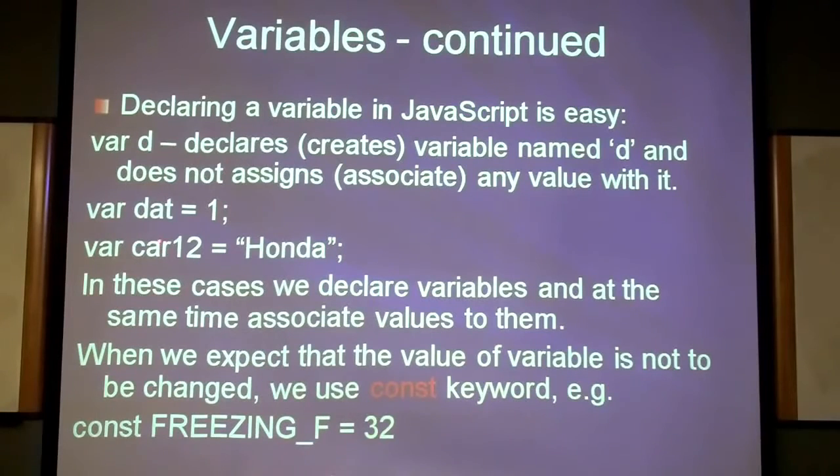When I'm creating variable DAT, I'm not saying that I'm going to store numeric values there. Or when I'm creating car12, I should not declare saying, you know what, this variable car12 will contain a string, or basically information which is encapsulated in double quotes. There is no need for that. Absolutely no need. Basically, you are free to do whatever you like. Create a variable, assign anything you like, you feel comfortable with.